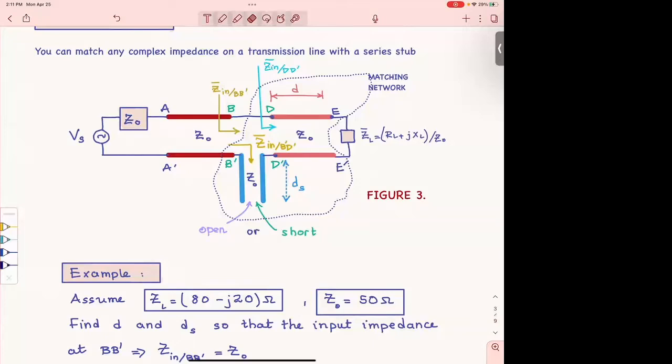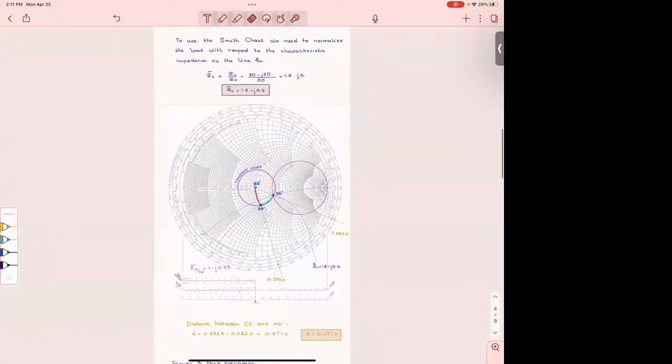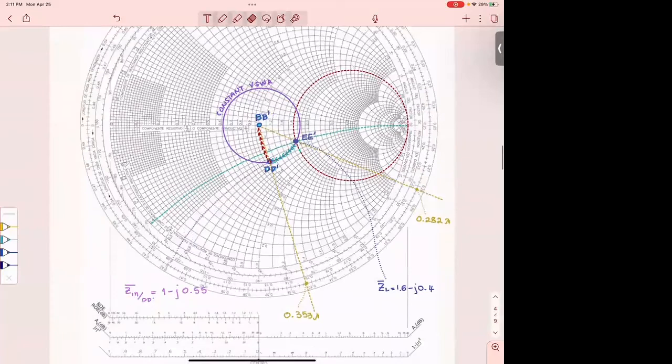Now, how am I going to find D? I go to the Smith chart, and when you move on a constant VSWR circle from one point to another, from EE prime to DD prime, you can find the distance by connecting this yellow line from the center of the Smith chart through EE prime all the way to the outer circle.